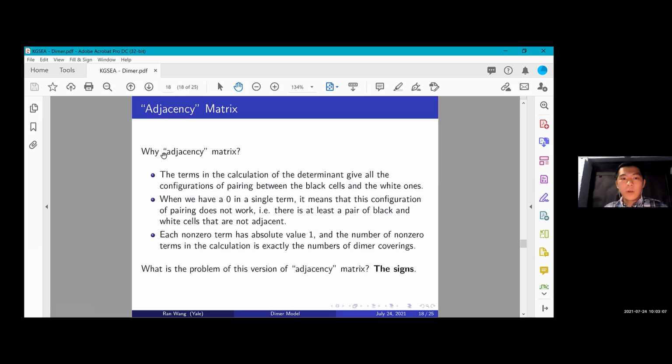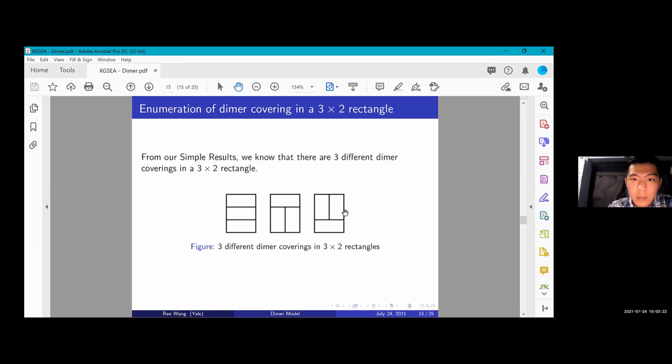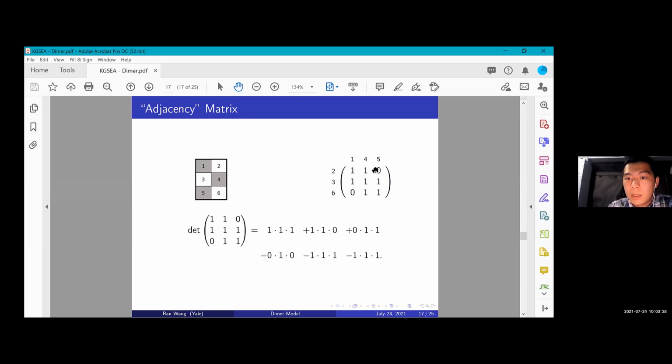First of all, the terms in the calculation of the determinant give all the configurations of pairing between the black cells and the white ones. What does it mean? For a term in the determinant, for example the CDH term here, it is 0, 1, and 1.